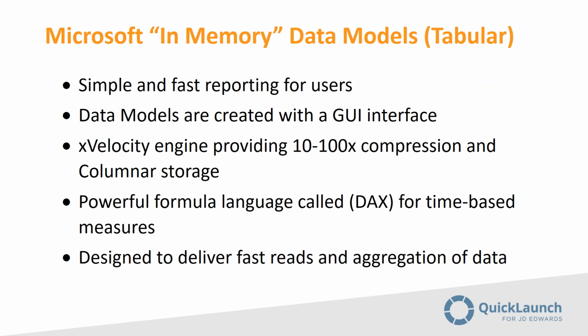What's driving this is the xVelocity engine that provides 10 to 100 times compression and columnar storage. Think about an Excel spreadsheet: if you dumped 700,000 rows into a spreadsheet with a lot of columns, it's going to take up a lot of space.